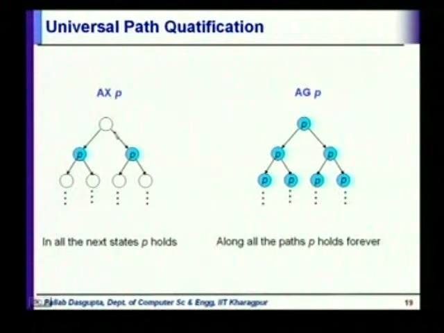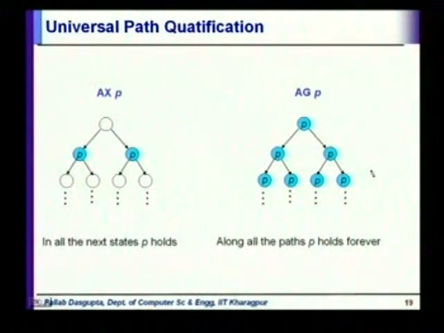So this is the computation tree, and when we say AXP, we mean that all the possible next states must satisfy P, right. So this must satisfy P, this must also satisfy P. When we say AGP, that means that GP must be satisfied along all paths, right.